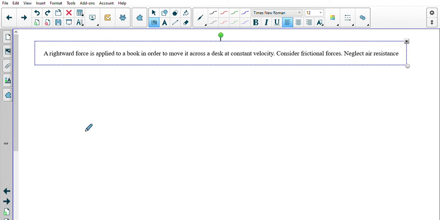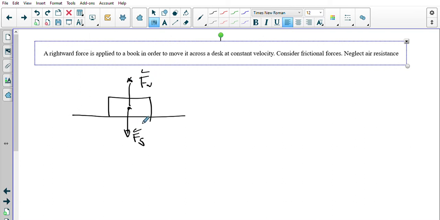All right. A rightward force is applied to a book in order to move it across the desk at a constant velocity. Okay, we pull out our artist capabilities. There's my book. What forces do we have? Well, we've got the force of gravity. Excellent. We've got our normal force. Those forces are going to be equal and opposite. It's not moving down into the table. It's not bouncing off the table.